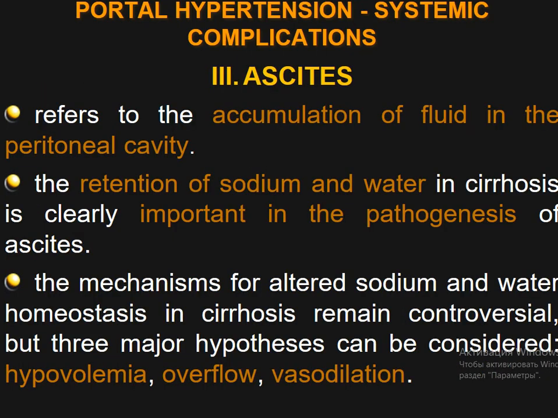Another systemic complication of portal hypertension is ascites. It refers to the accumulation of fluid in the peritoneal cavity. The retention of sodium and water in cirrhosis is clearly important in the pathogenesis of ascites.